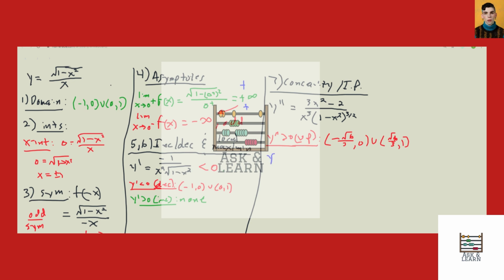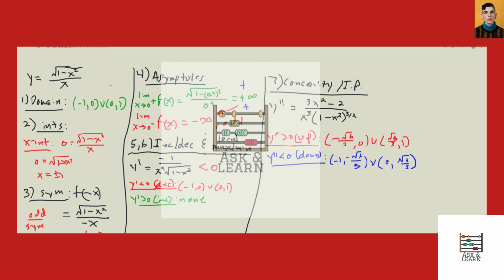And our function is going to be concave down, or y double prime is strictly less than 0, on the rest of our domain. So negative 1 to the negative square root of 6 over 3, union 0 to the square root of 6 over 3.